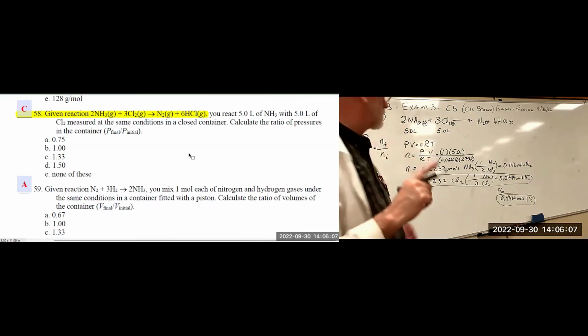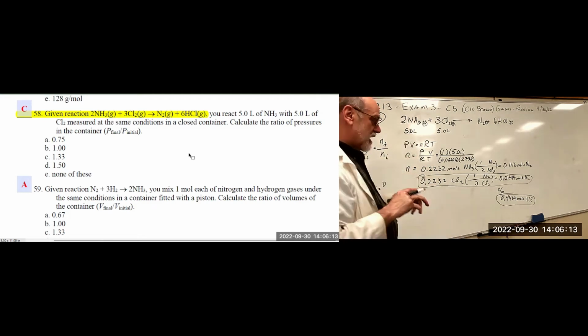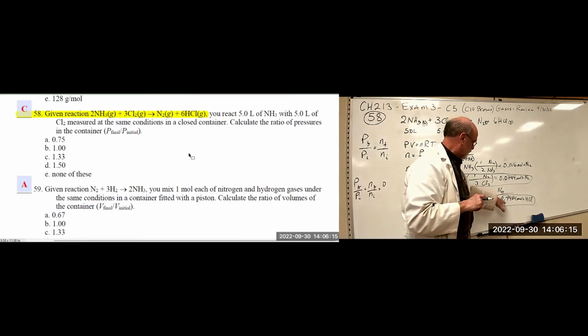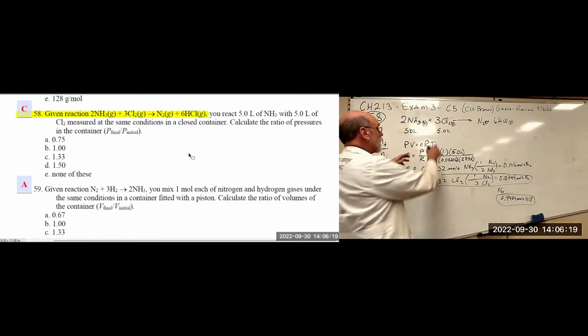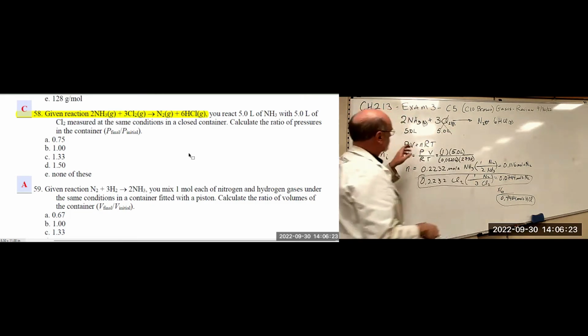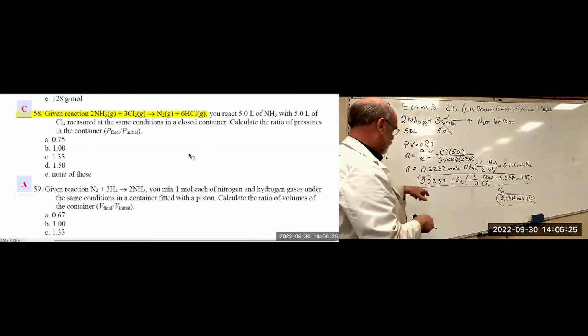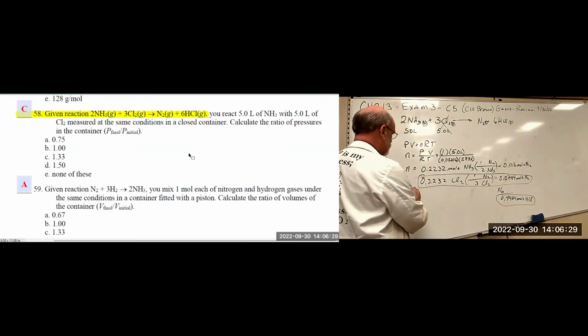Ooh. What mistake did I just make? We didn't use all this up, did we? So this is part of the answer, that one plus that one. But I need to know how much of this is left over. All of this is gone. It's over there now. But this one was 0.2232.